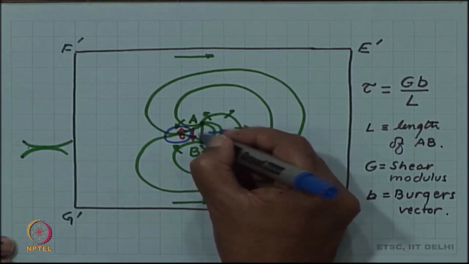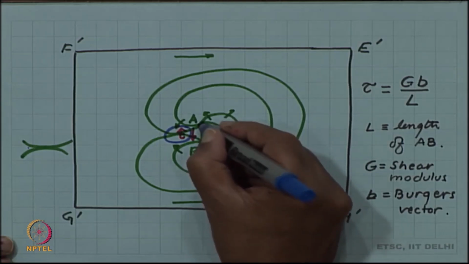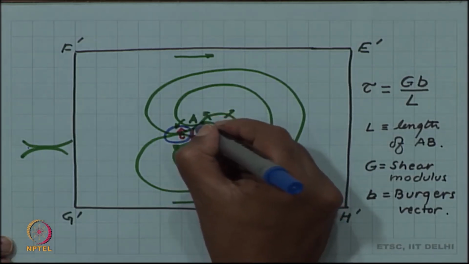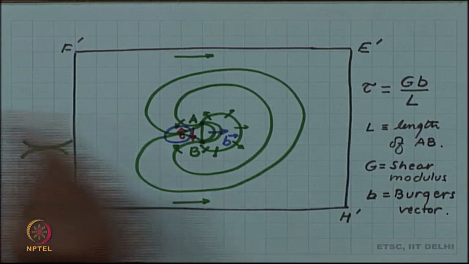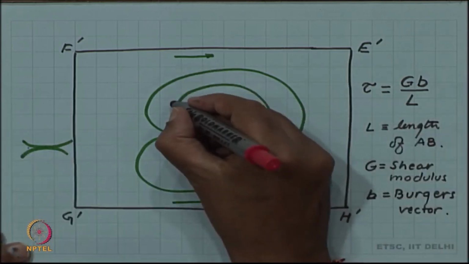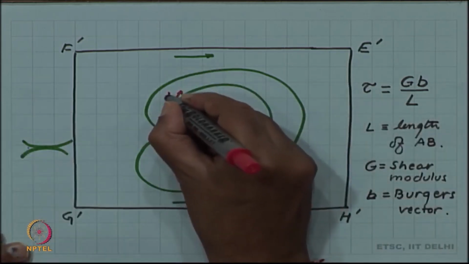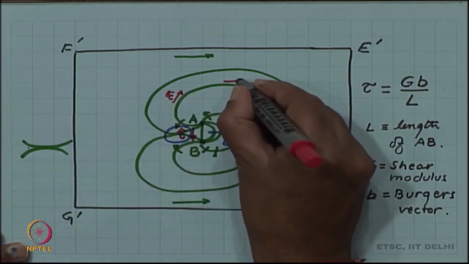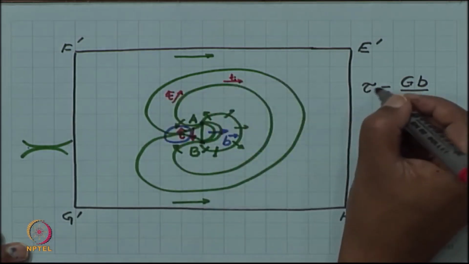Since the T vector was going from A to B, it will always start from A and go to B and follow like a current. So, the T vector keeps following the dislocation line.